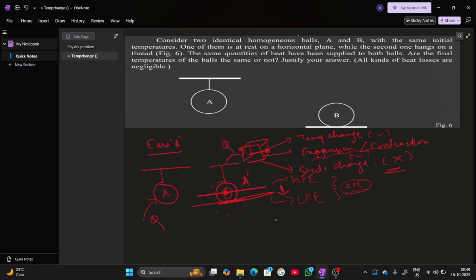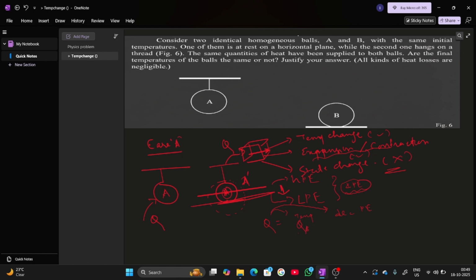So, Q is the heat given to A. Some part changed its temperature and some part decreased its potential energy.